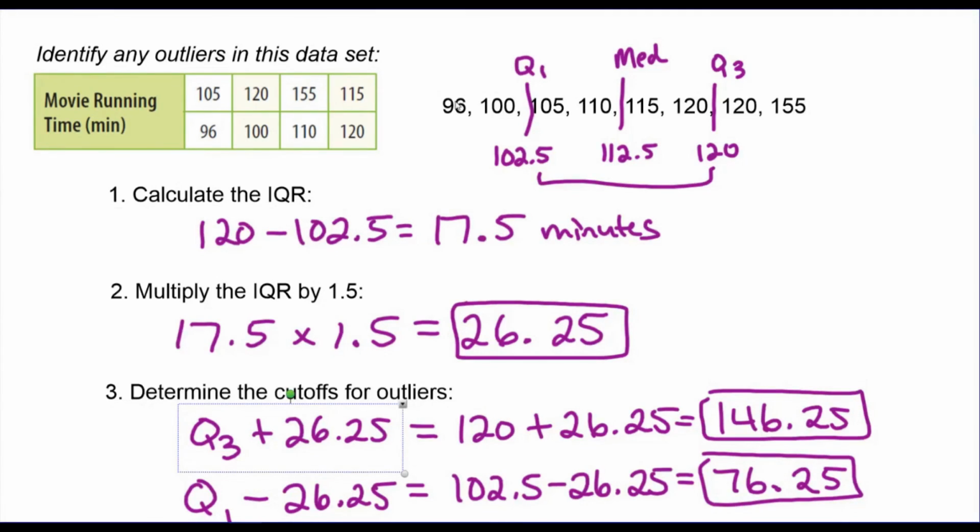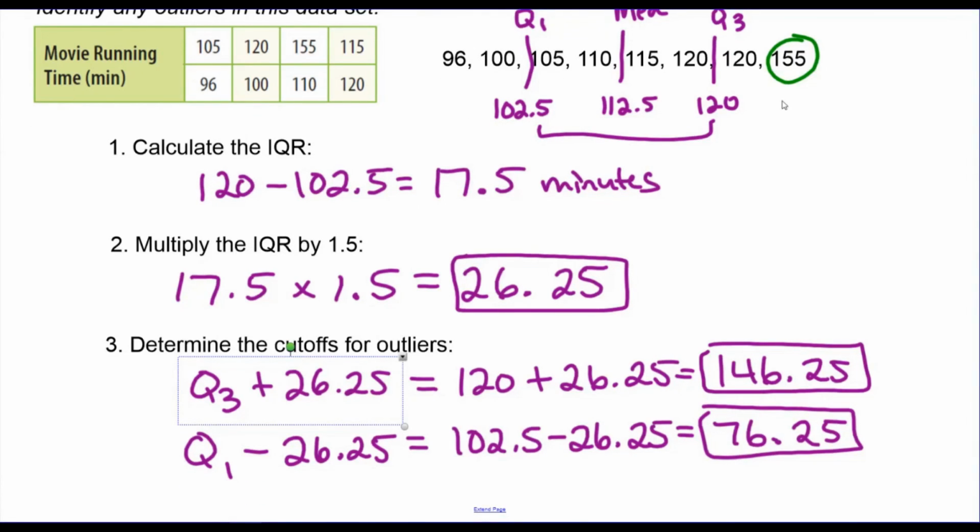The shortest movie was 96 minutes. So 96 would not be considered an outlier. And then on the other side, any value that is greater than 146.25 minutes is going to be considered an outlier. And we actually do have a movie that was beyond that limit. So we would say that this movie right here that was 155 minutes is considered an outlier in this data set.